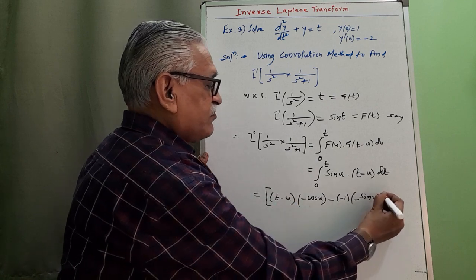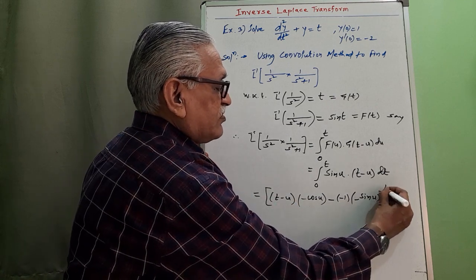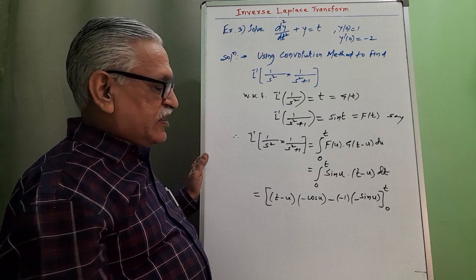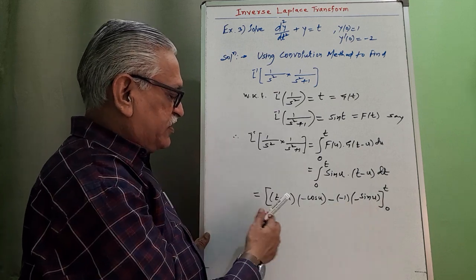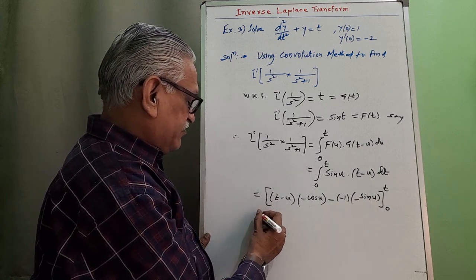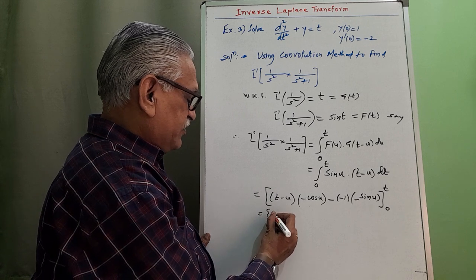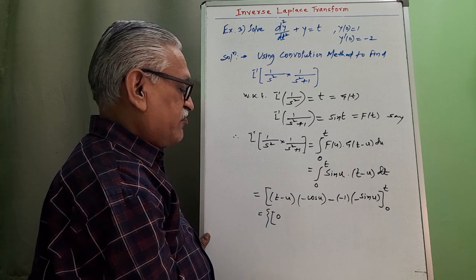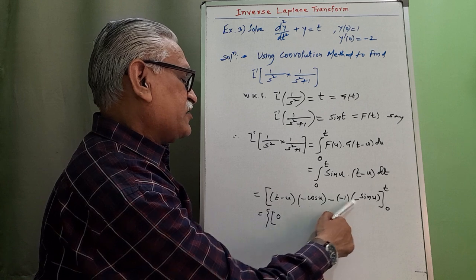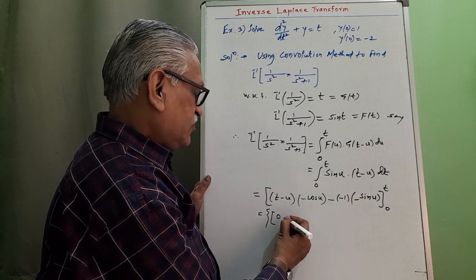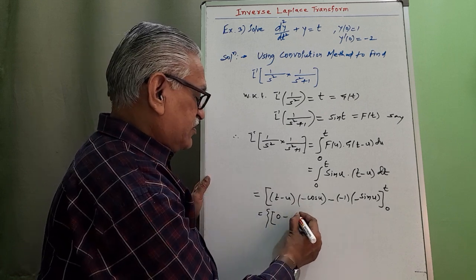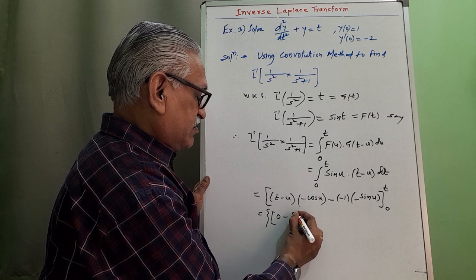And limits from 0 to t. Subtracting, for the upper limit u as t, we get t minus t as 0. Minus, it becomes plus; minus times minus means it is minus sine of t.